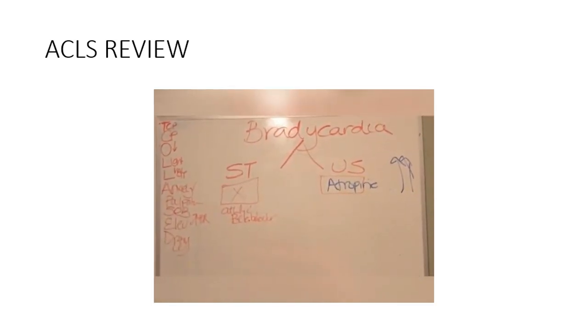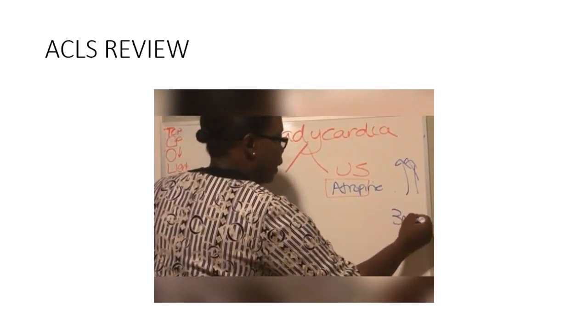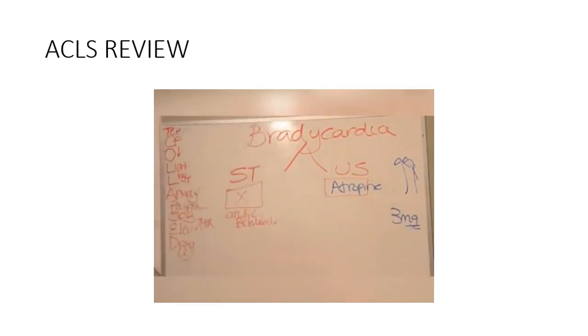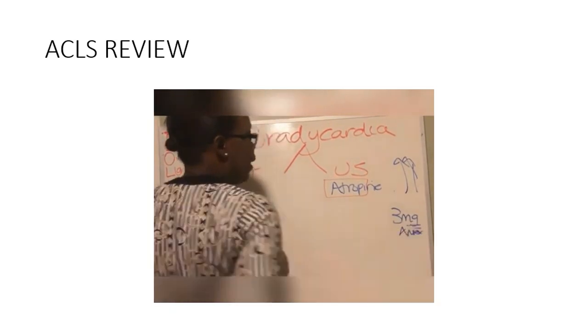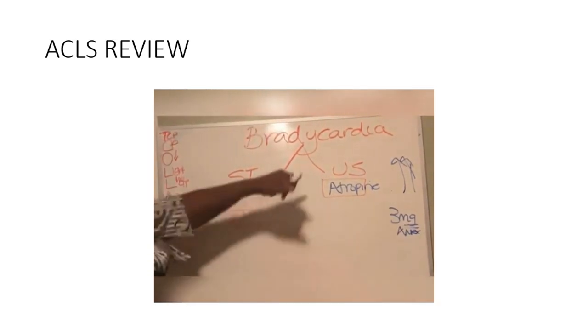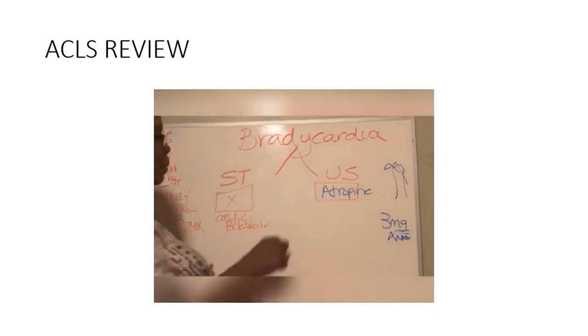Now, atropine has a maximum dose of 3 milligrams. You have to remember that. Atropine has a maximum dose of 3 milligrams, maximum. Now, there are lots of reasons why a person would have bradycardia. Several of them come right back.